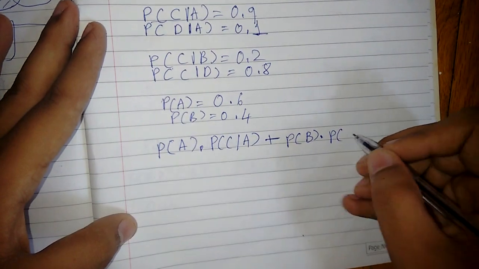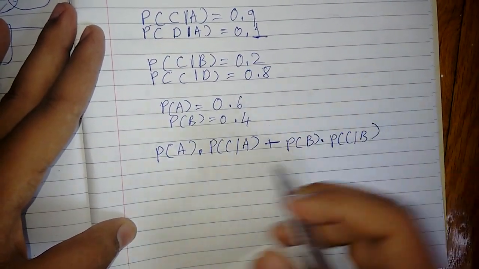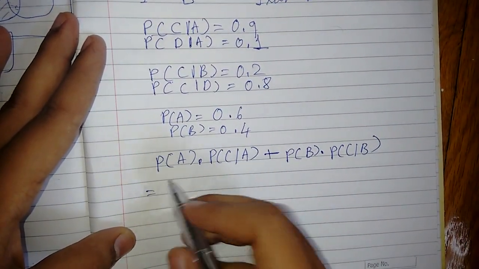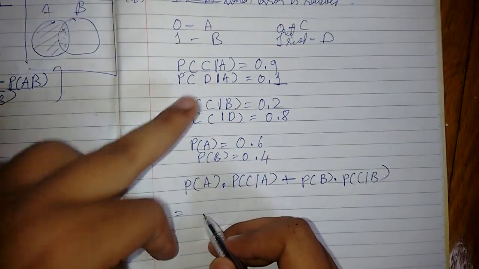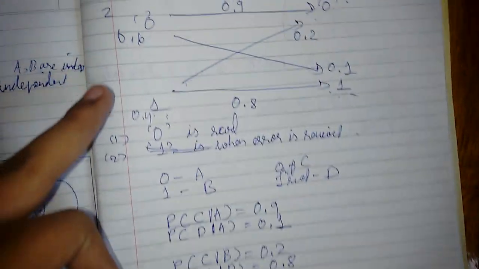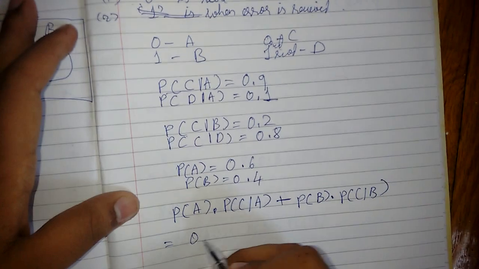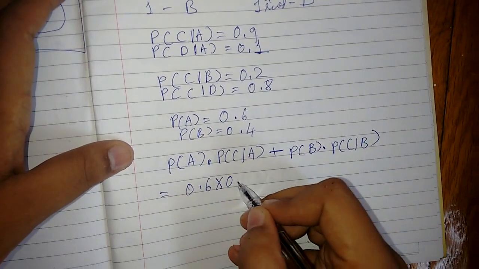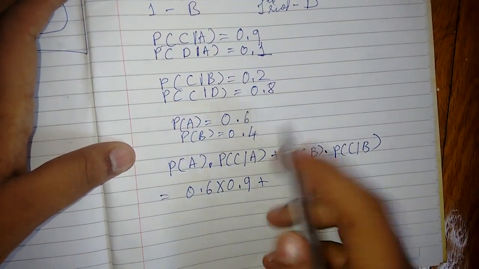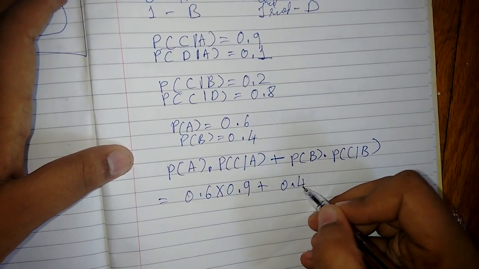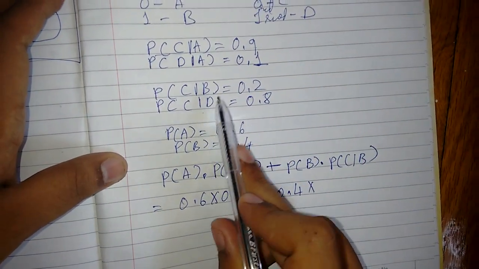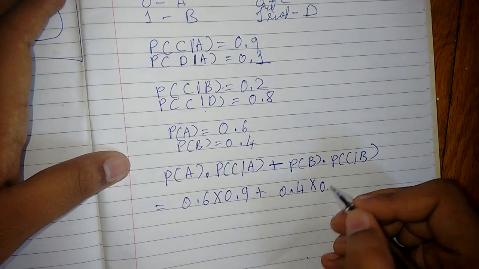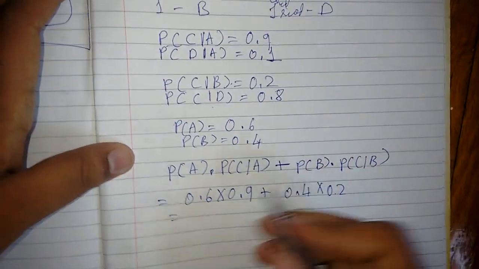So P of C is equal to, what is probability of A? Probability of A is 0.6 into 0.9 plus 0.4 into 0.2. We can use a calculator.